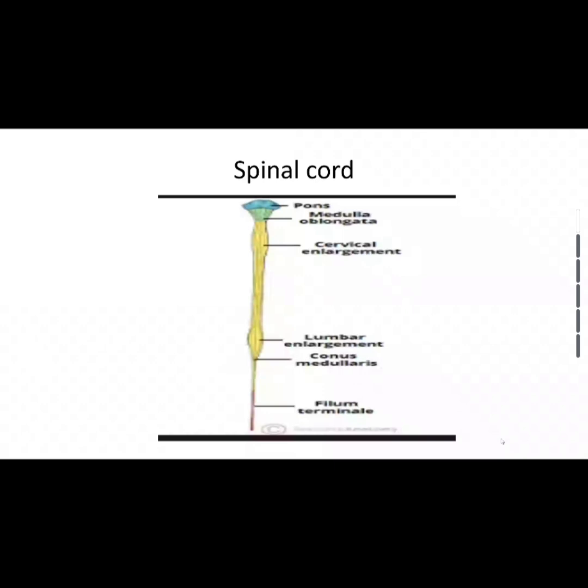So after the conus medullaris, this filum terminale is basically a continuation of the pia mater. It goes all the way and attaches to the coccyx. So that is what we call filum terminale.